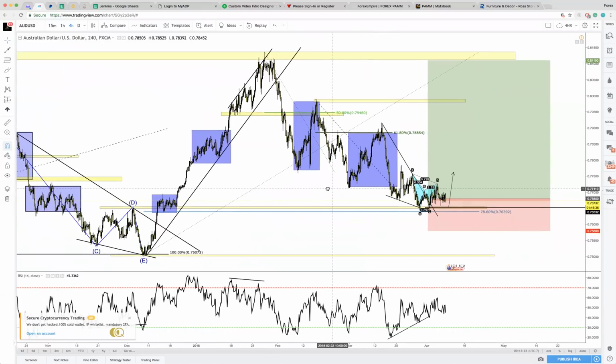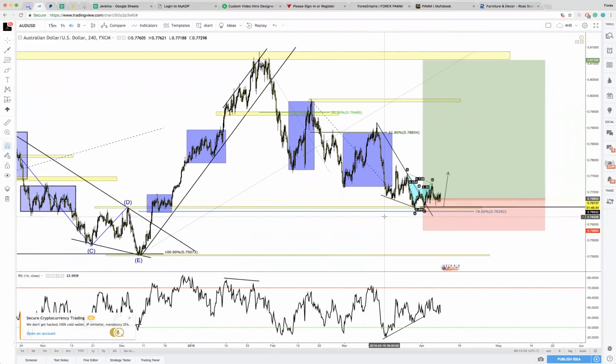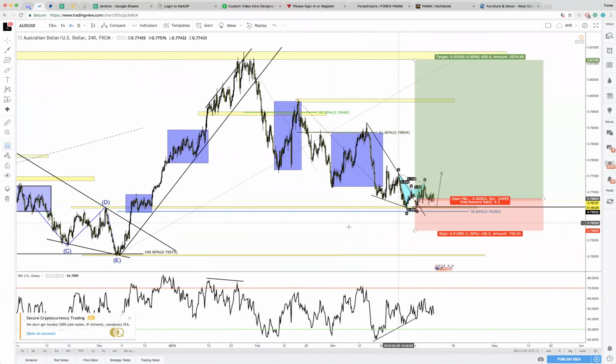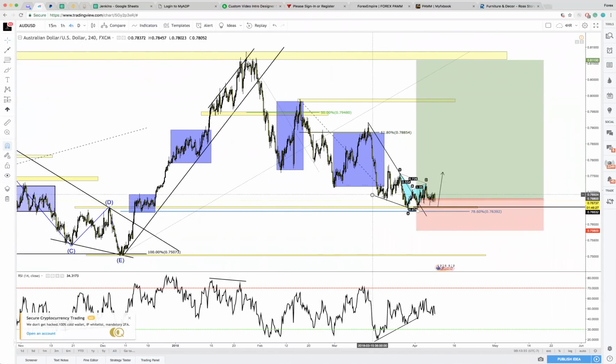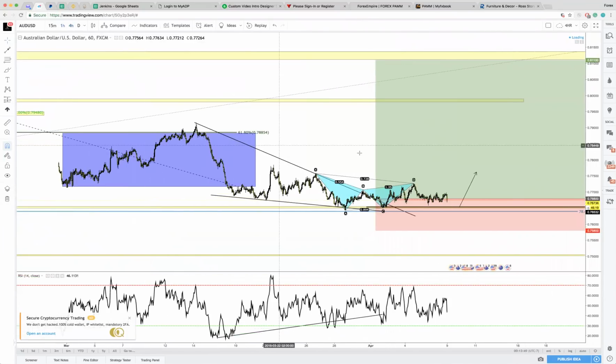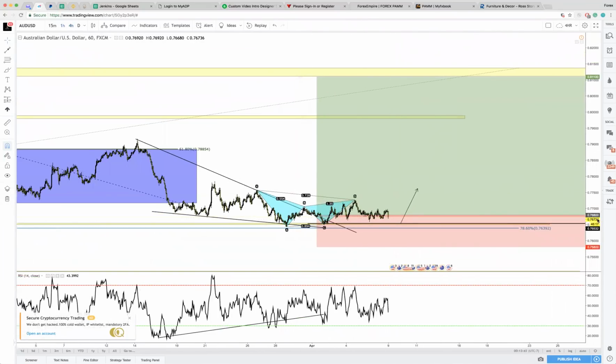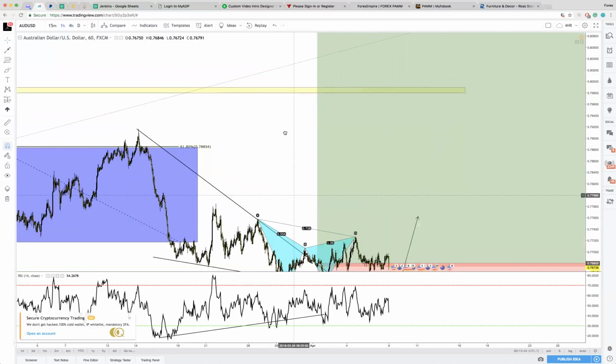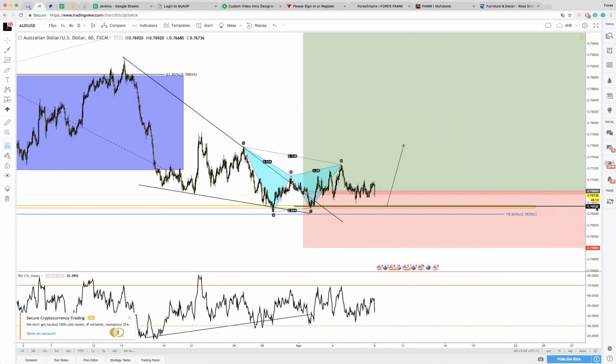As we've seen, the 78.6 hasn't been touched, but at the same time, the M, level 1, level 2, and a W with a divergence is still valid. So the trade itself is valid, but on a 1-hour time frame, what we've seen here is the price retracing back to 77.6532.